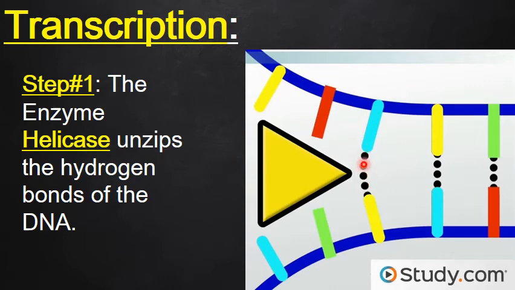And between the nitrogenous bases, these dots represent the hydrogen bonds. Now, the helicase would come and break these hydrogen bonds, exposing this single strand of DNA, which becomes the DNA template in order to make the mRNA copy of a gene.